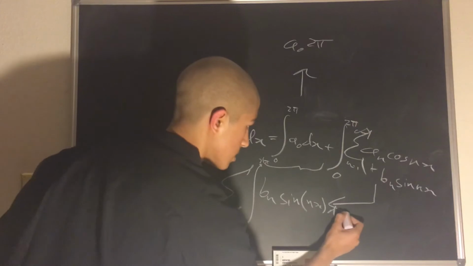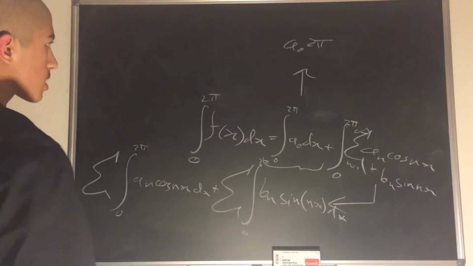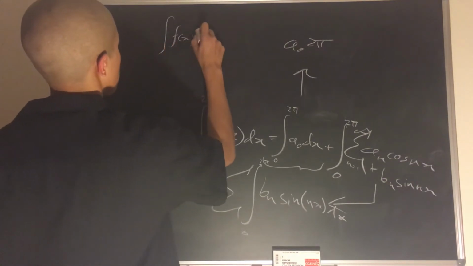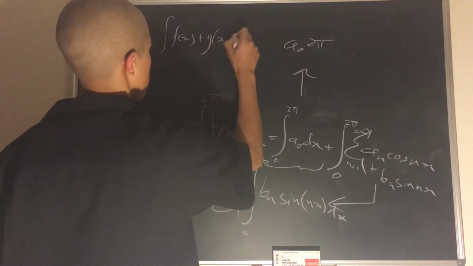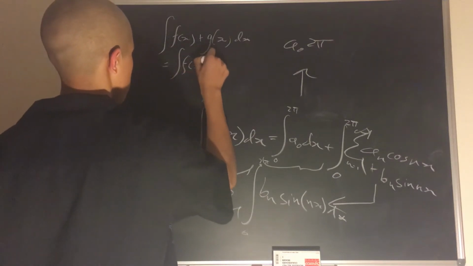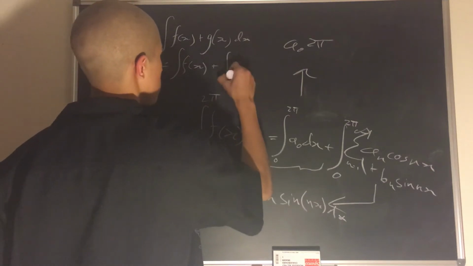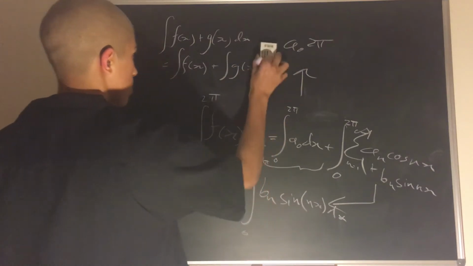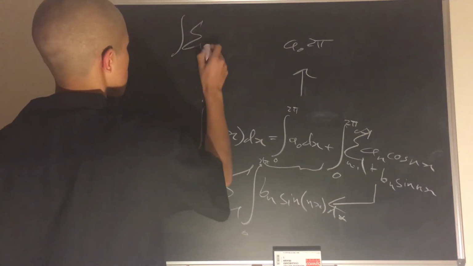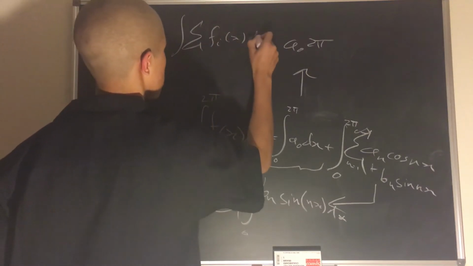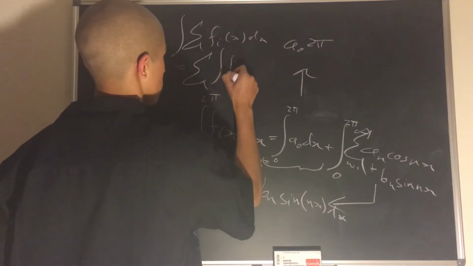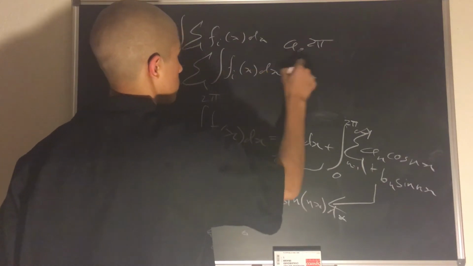Squeeze in a little bit dx there. So just to clarify, we can do this only because the integral of f of x plus g of x dx is equal to the integral of f of x plus the integral of g of x, which, when taken to more functions, becomes the integral of sigma fi of x dx is equal to the sum of the integrals of fi of x dx.